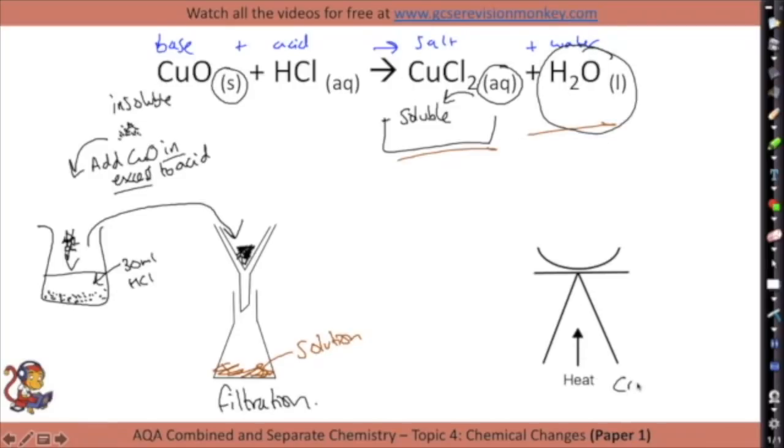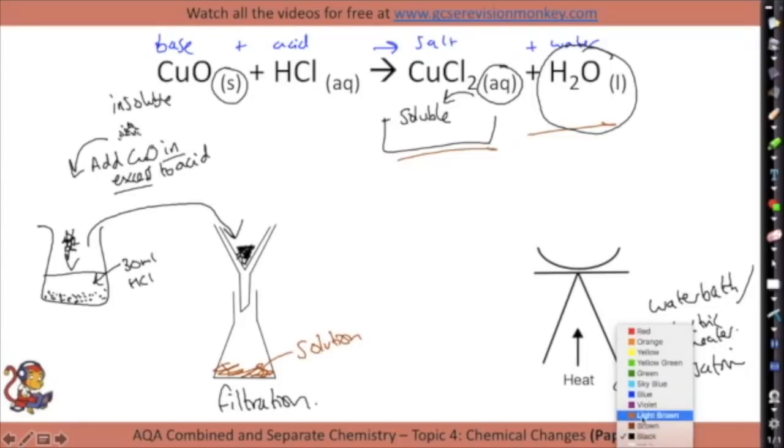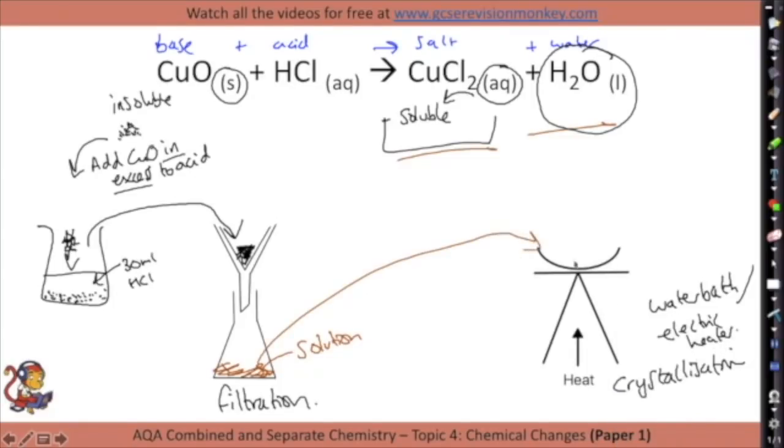The next process is to get rid of the water, because we just want the salt on its own. So the next process is called crystallization, and you can either use a Bunsen burner to heat up an evaporating dish over a tripod. Sometimes you might choose to heat it up more slowly in a water bath, or using an electric heater. You might see any of those heating methods in the exam, but we put our solution into there and our water will evaporate.